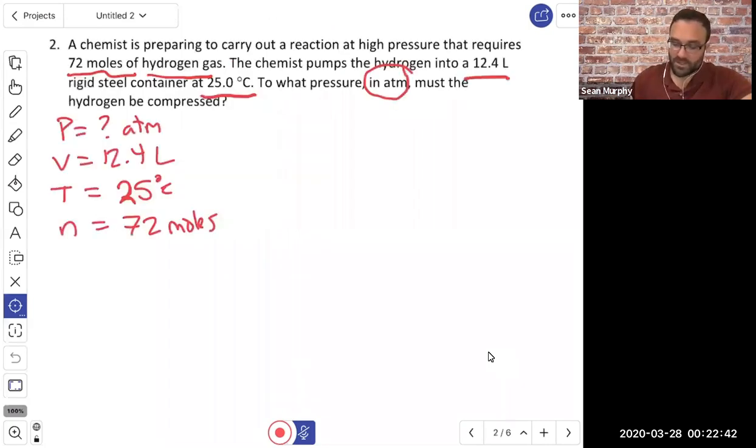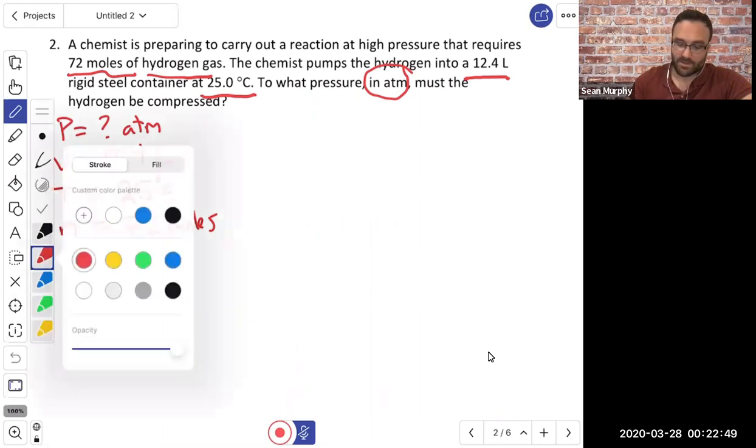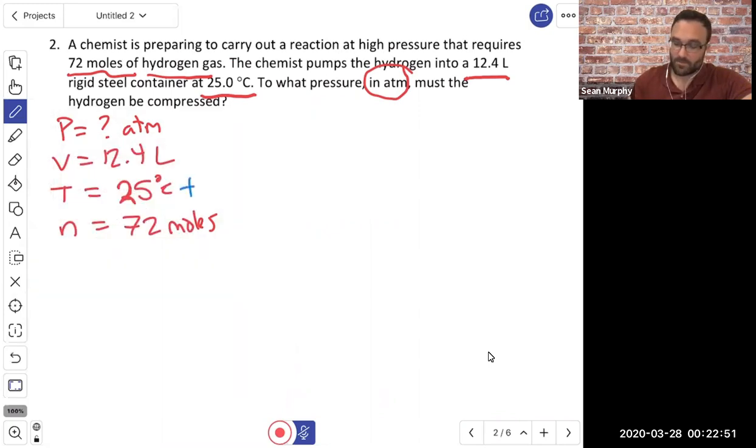All right, so let's change our temperature to Kelvin. So we know that we need to add 273 to that, because Kelvin is always 273 above Celsius. So what does that turn into? What's 5 plus 3? 8.